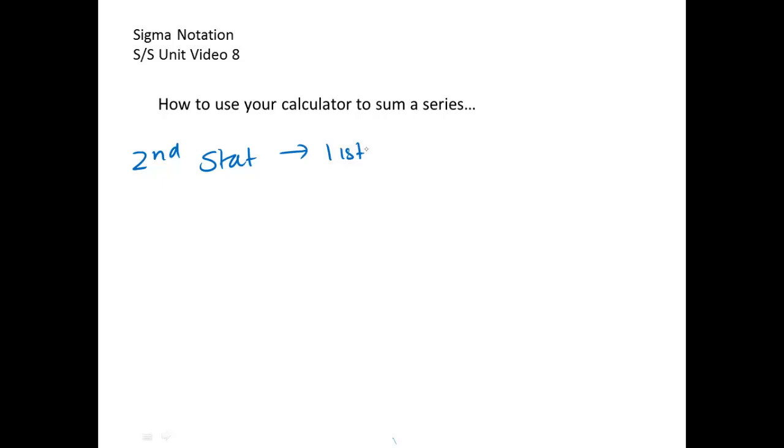It's the one over by the arrow keys. And you're going to arrow over to math. Okay, so under the math screen, you're going to go down to sum, which is number 5.